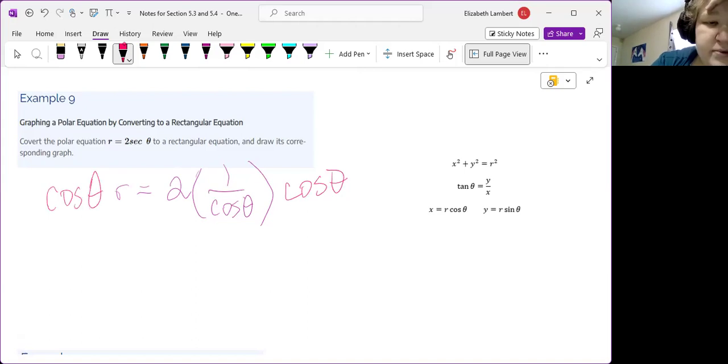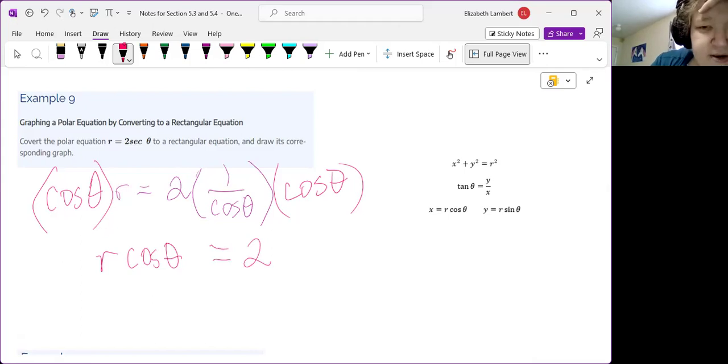All right, now when we multiply here, we usually write the stuff that's not inside the trig function in front of it, just so it's very clear that r is not going to multiply to the theta, it multiplies to the cosine of theta. But now r cosine theta, wait, that's familiar. Oh, there it is.